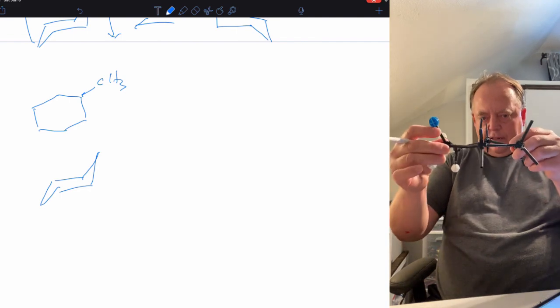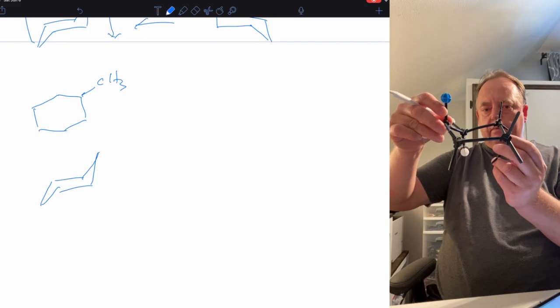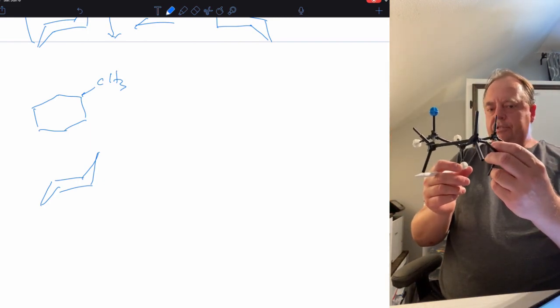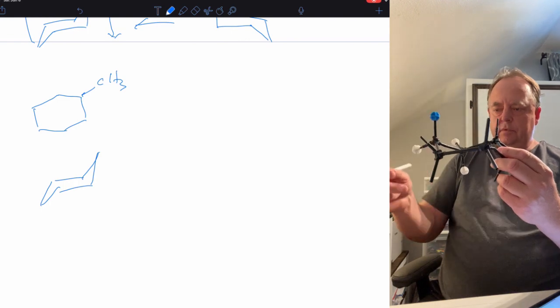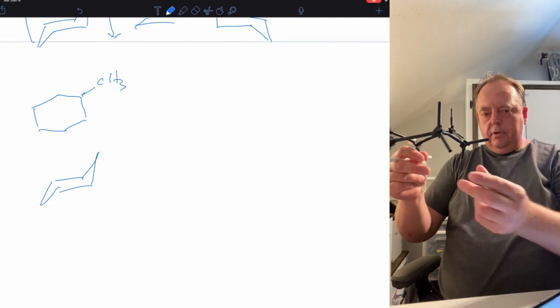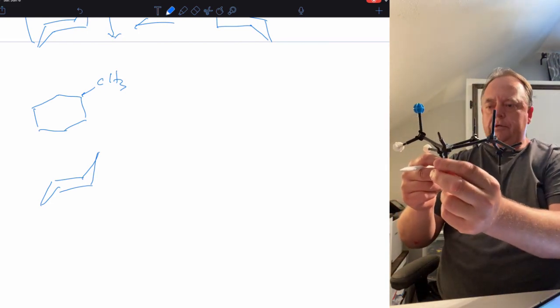Well, not perfectly flat. Then if we put it into a chair, bending this carbon up and that carbon down, you can see that that methyl group is in an axial position. It's vertical. So again, you've got axial up, and then axial down, and then axial up, axial down, axial up, and axial down all the way around the ring.